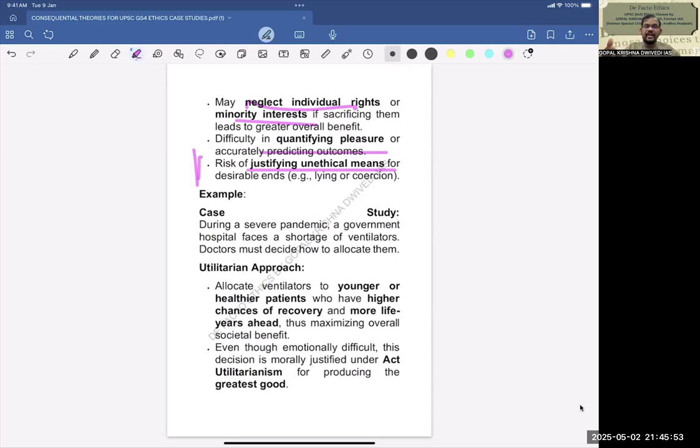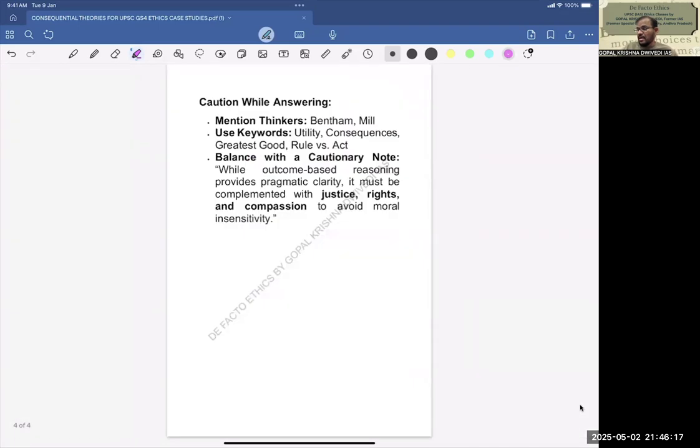The utilitarian approach says allocate ventilators to younger or healthier patients who may have higher chances of recovery and more life years ahead, thus maximizing the overall societal benefit. Even though emotionally difficult, this decision is morally justified as per act utilitarianism for producing the greatest good. So this is one example.